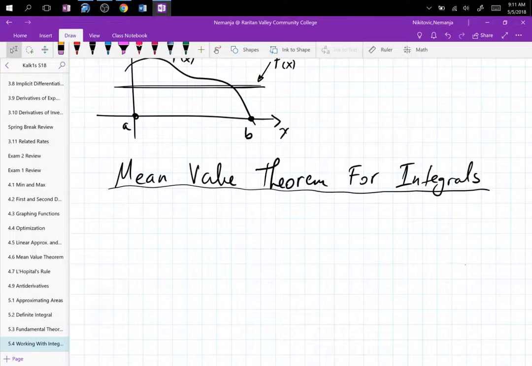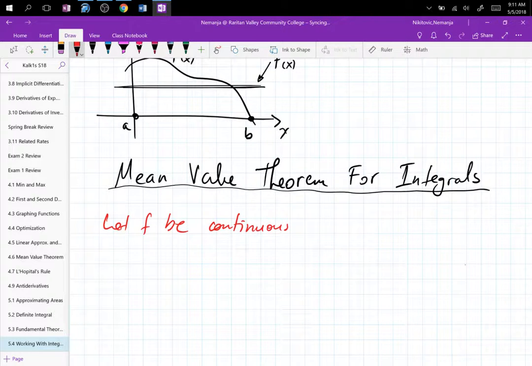And the mean value theorem for integrals pretty much says the same. We are using the same average formula, and then we'll do the examples. So let f be continuous on interval a, b.